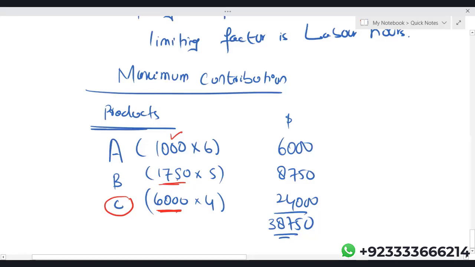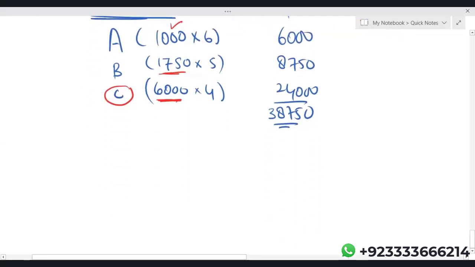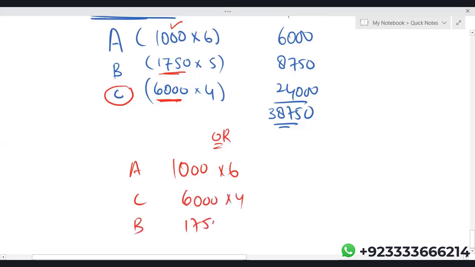Sir, why are you showing the contribution of product B first, then C? Student, listen, if someone does 1,000 multiplied by 6, C, 6,000 multiplied by 4, and B, 1,750 multiplied by 5, still you will get the same contribution. The total contribution will be the same.